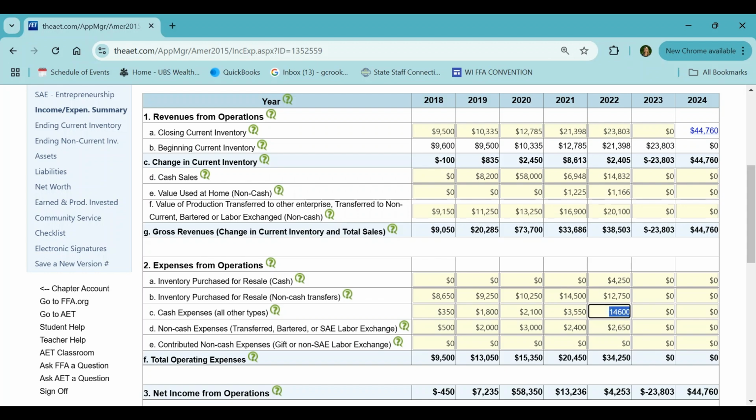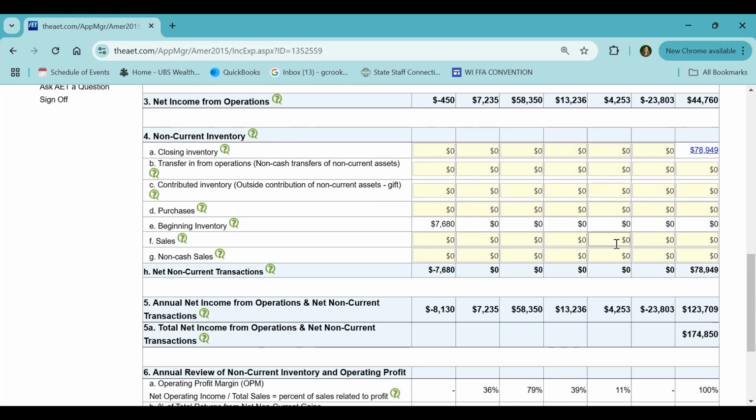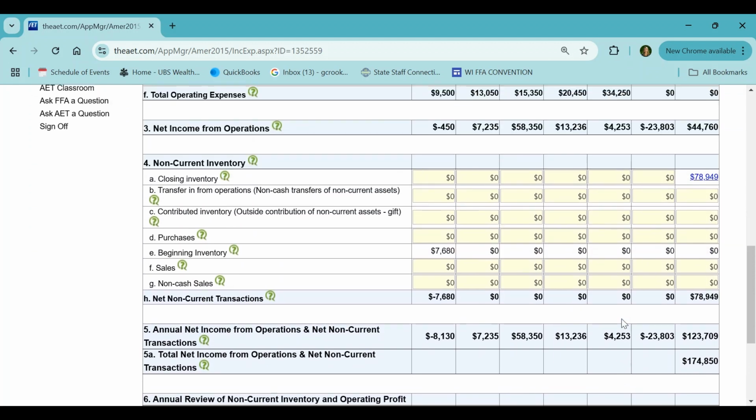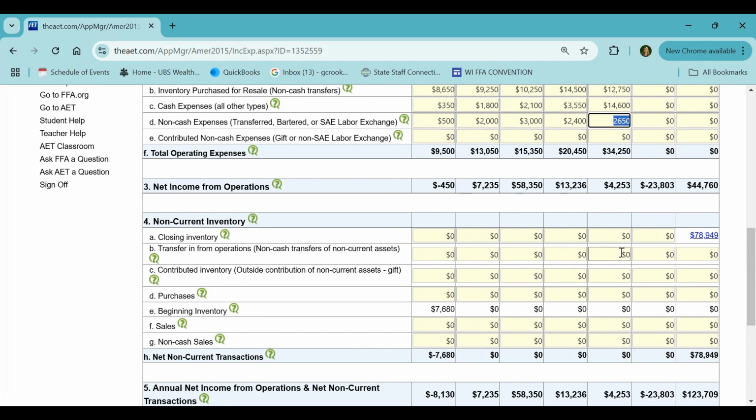All right. And in this instance, you'll notice that 2B and 2D do not add up to the $20,100. And if we scroll down, it's going to say no here, and it's off $4,700. That's because this year, this individual transferred in some animals from his current inventory into his non-current inventory.